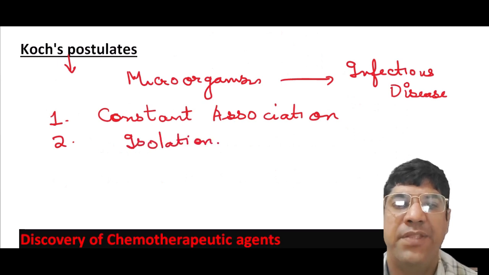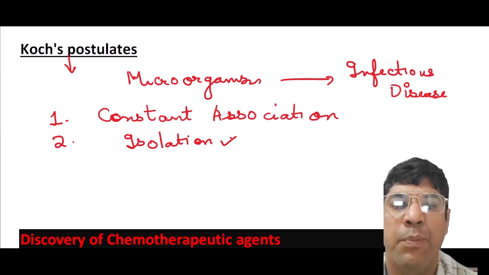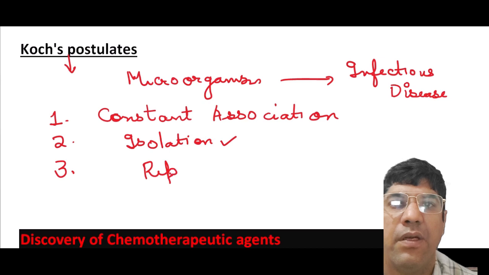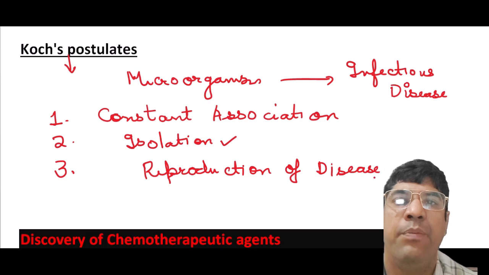The microorganism must be isolated from the diseased individual and grown in pure culture. Third is reproduction of disease. So when this pure culture is introduced into a healthy laboratory animal, it should reproduce the same disease.